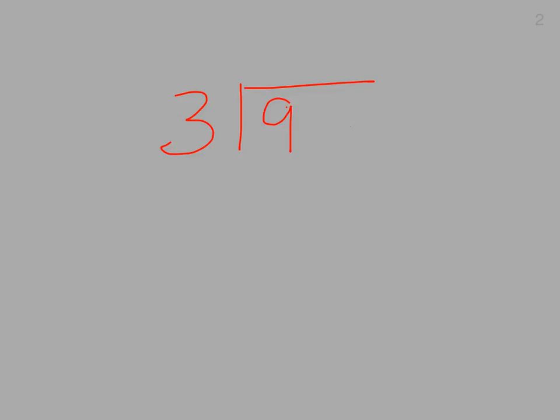Now we can ask ourselves, how many times does 3 go into 9? A little bit easier to handle. 3 times 3 is 9. 9 minus 9 is 0.